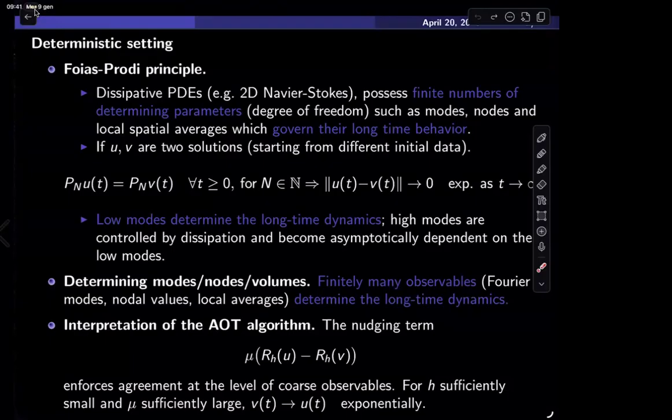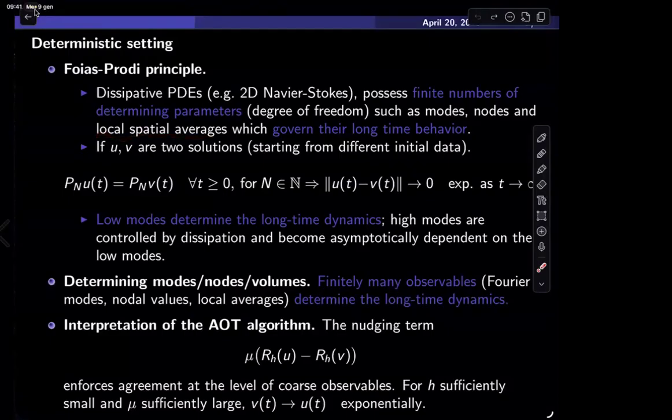In a very old paper, Foias and Prodi proved basically that dissipative PDEs, in particular the two-dimensional Navier-Stokes equations, possess a finite number of determining parameters, such as low modes, for instance, but also nodes and local spatial averages, as in our case.